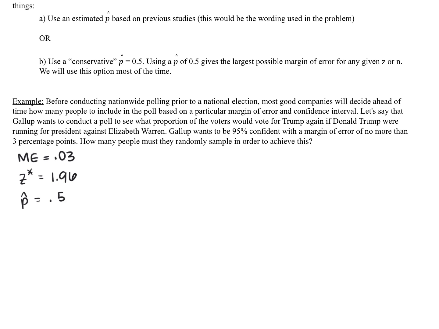So now I'm just plugging those into my formula. So I'm going to have n equals 1.96 over 0.03 squared times 0.5 times 1 minus 0.5, which is still 0.5. And then I just plug it into a calculator.